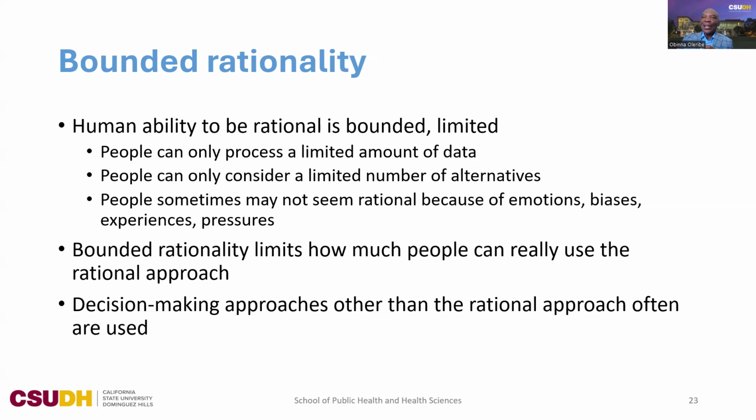Because individuals can only absorb and analyze a finite amount of data at any given time. Why? Because people can realistically consider only a limited number of possibilities or courses of action. Why? Because personal experiences, emotions, cognitive biases, and external pressures can affect judgment and make decisions appear less rational.